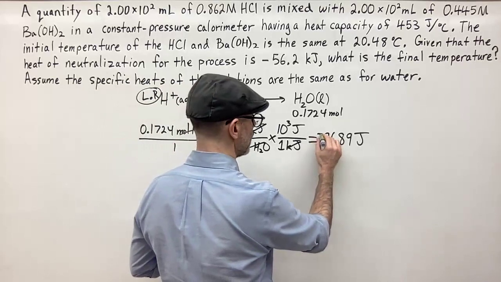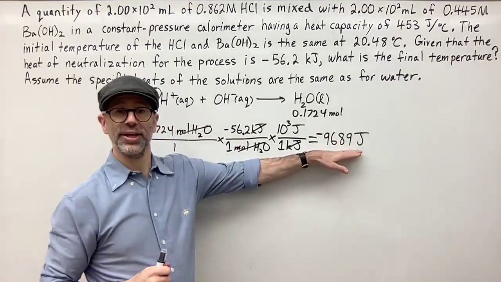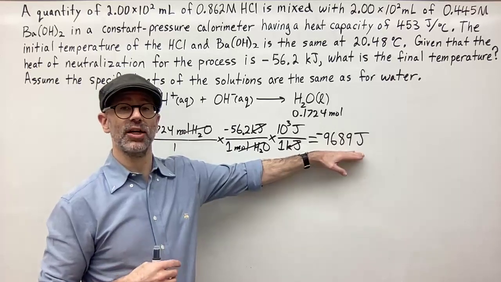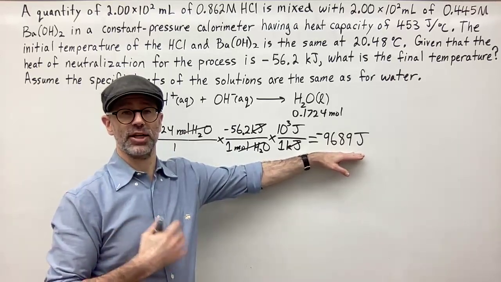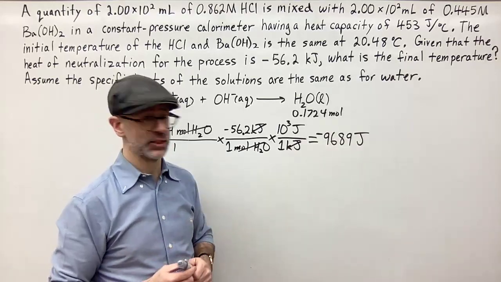And that's going to be a negative number because this is negative here. So remember, the negative is important because this is telling us that this is the amount of energy released. So you got to have the negative as part of your calculations.